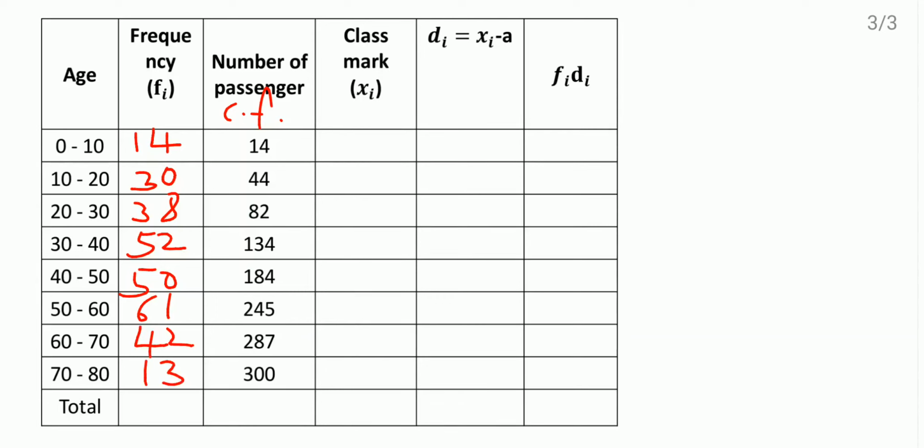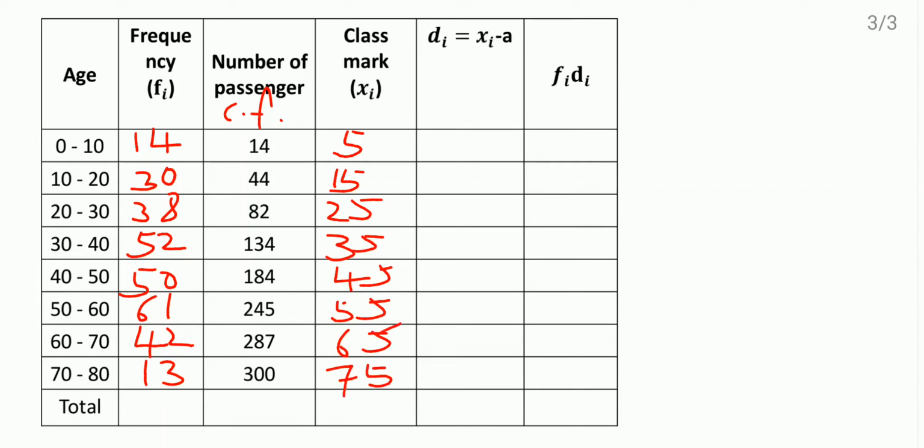Let us find out the class marks. Class marks means the average of the class, right? Upper limit plus lower limit divided by 2. So 0 plus 10 is 10, by 2 is 5. So this is 5. Similarly, for the following class intervals it is 15, then 25, 35, 45, 55, 65 and 75.